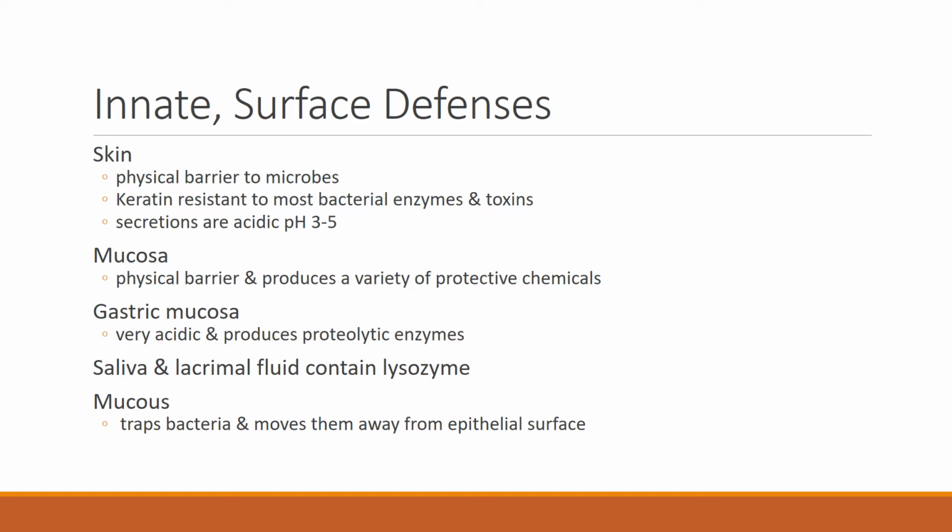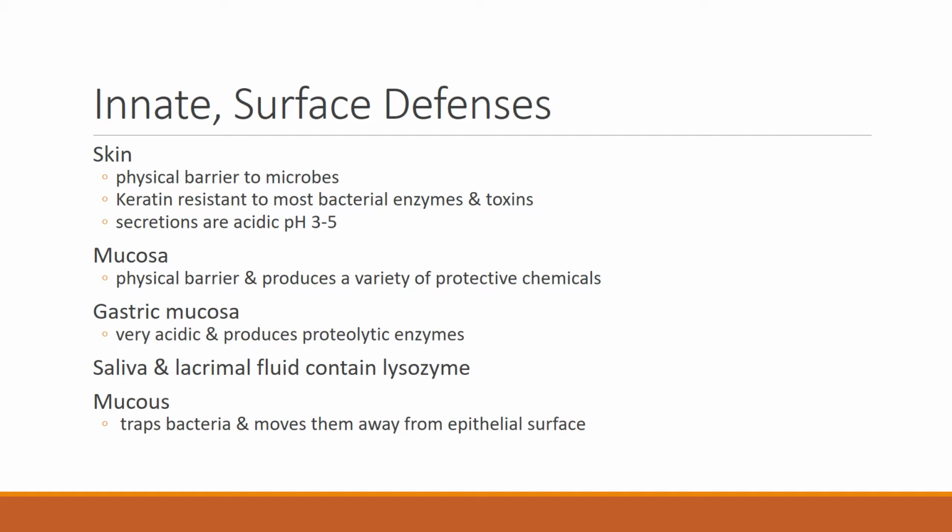We also have saliva and lacrimal fluid that have lysozymes. So for our eyes, we constantly are being flushed with lacrimal fluid, so that prevents bacteria from entering into the nervous system as well as the bloodstream.